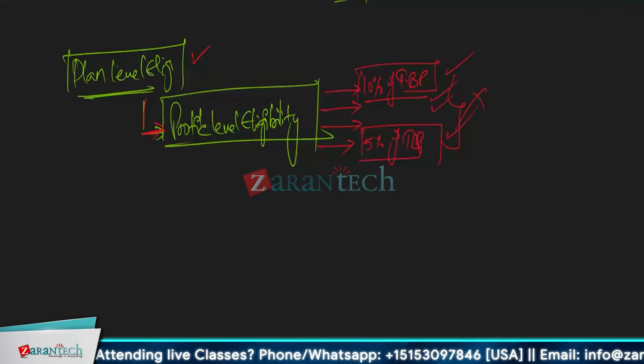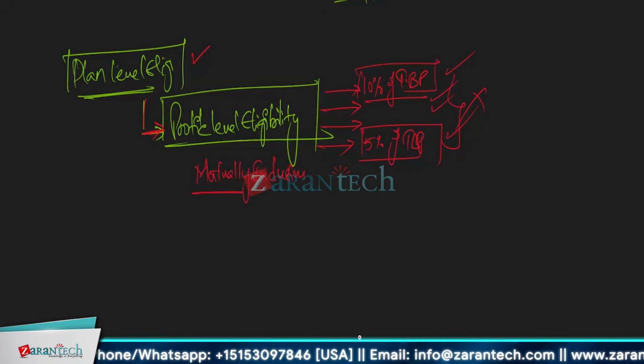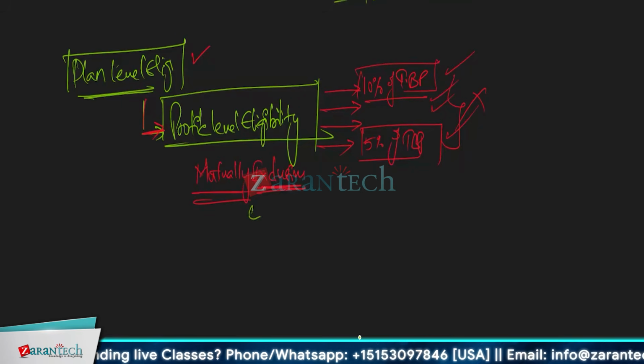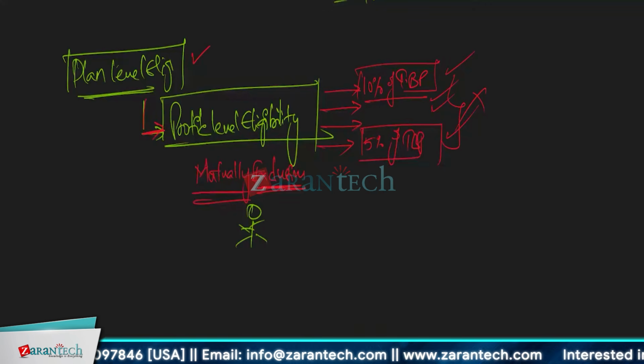Now, one of the caveats or one of the main things when you are creating profile levels or different profiles in Workday is that all these profiles should be mutually exclusive. So what does mutually exclusive mean? Anyone knows the meaning of mutually exclusive? There should not be any point in time where an employee is eligible for two profiles at the same time.